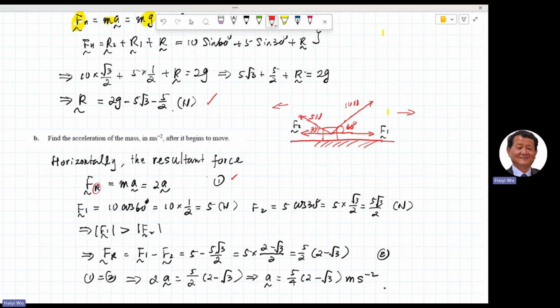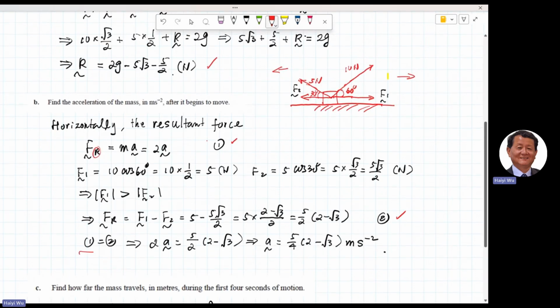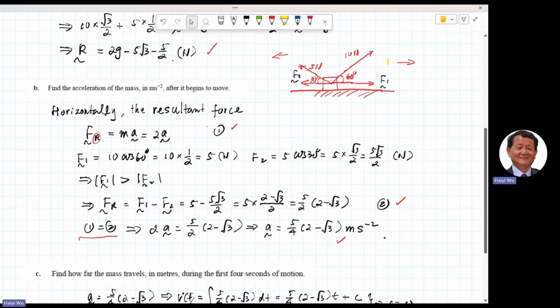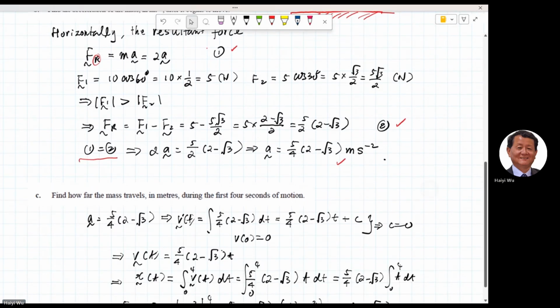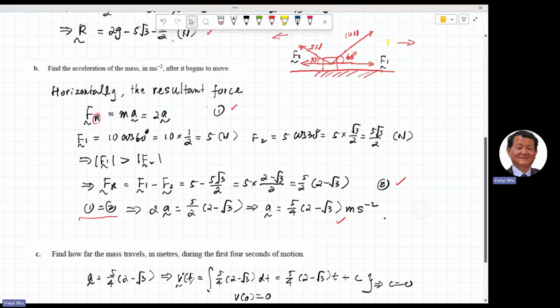Therefore, the resultant force has to be F1 minus F2, in the right direction. We work that out as equation 2, then combine equations 1 and 2. We solve for a, which is 5/4 times (2 minus square root 3) meters per second squared. All right, question B solved.